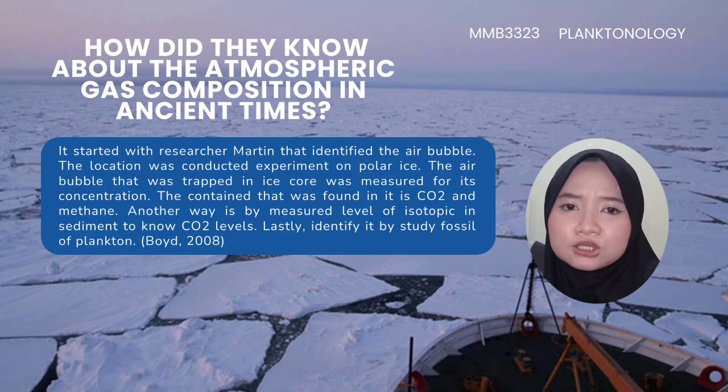So how do scientists know about gas composition in ancient times? It was found first by John Martin, who conducted an experiment on polar ice cores. They identified the air bubbles containing carbon dioxide that were trapped in the ice core, and samples were taken to measure it.